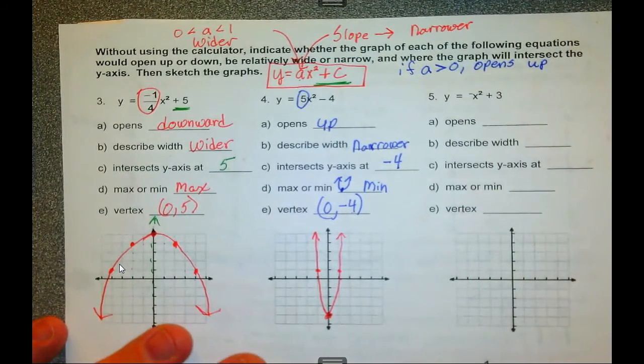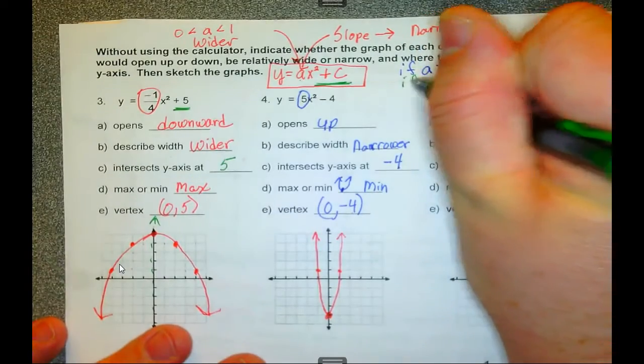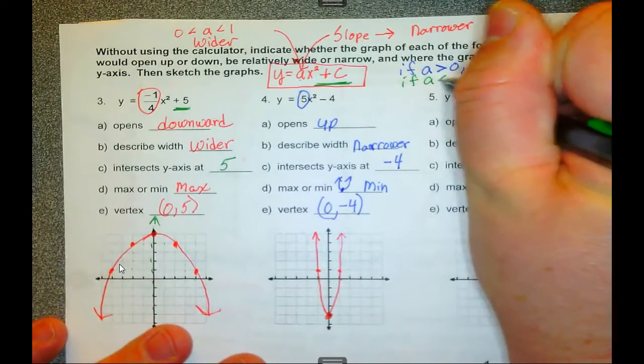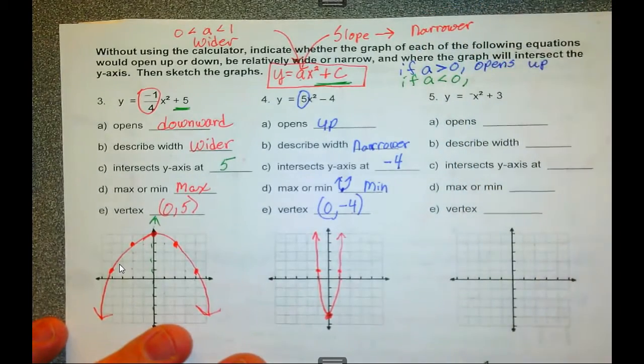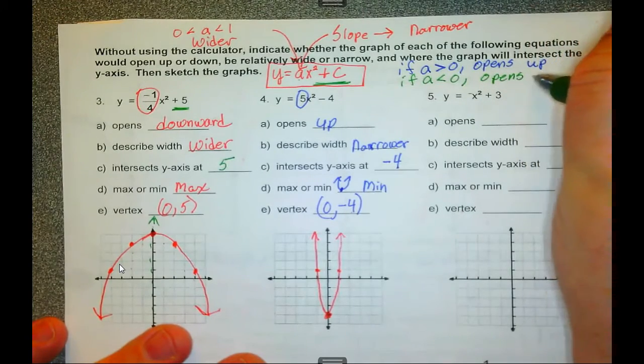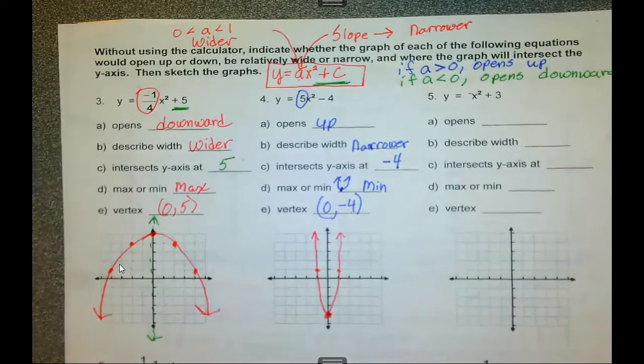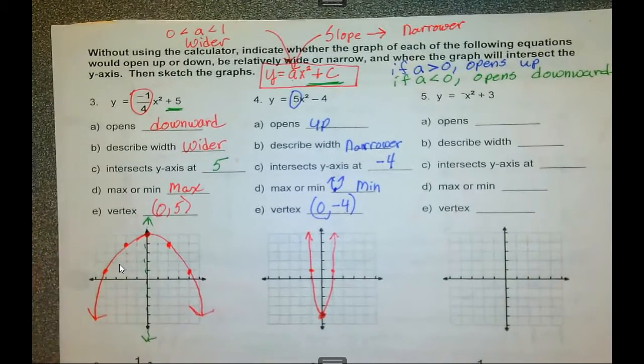If my a is negative, it opens downward. Okay, so that takes care of the positive and negative sign in front of a.